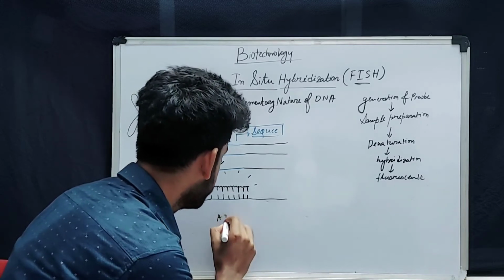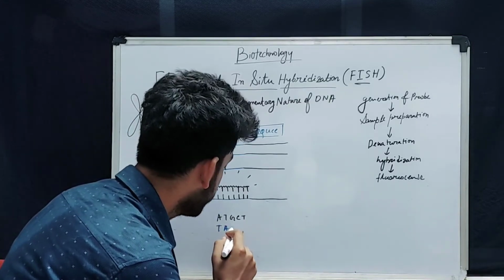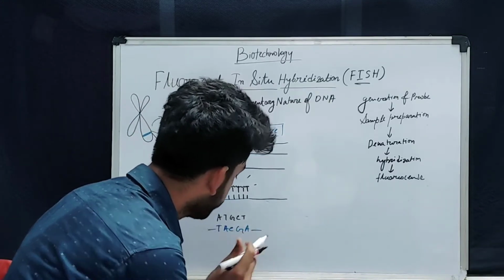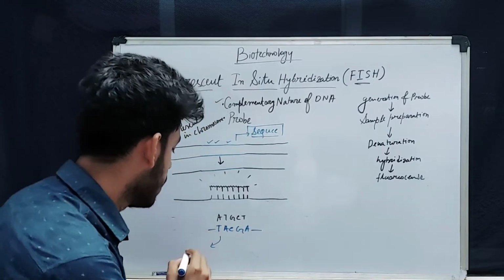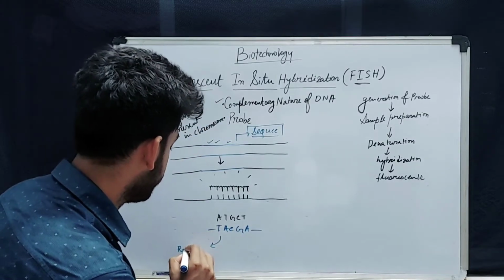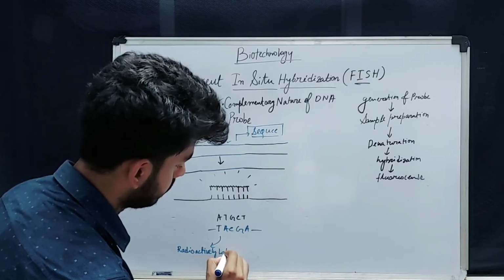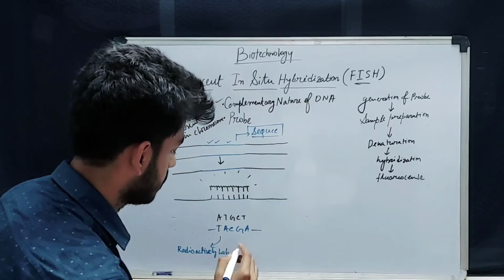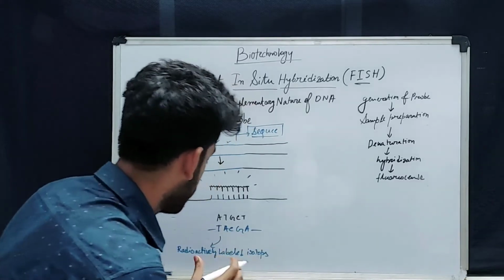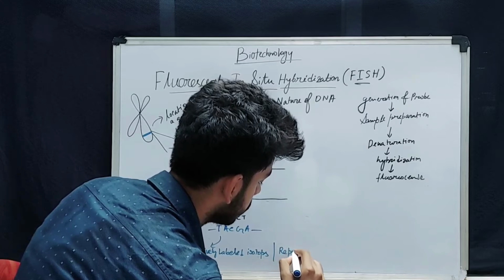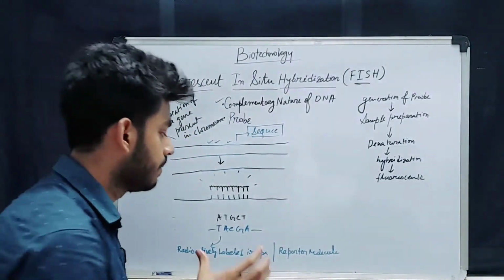If you have A, T, G, C, T, you develop T, A, C, G, A. You develop this part by using either radioactively labeled isotopes, or by using a reporter molecule. So you have developed a probe.